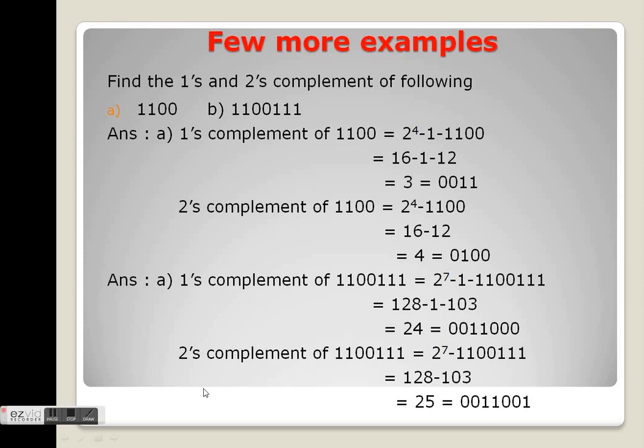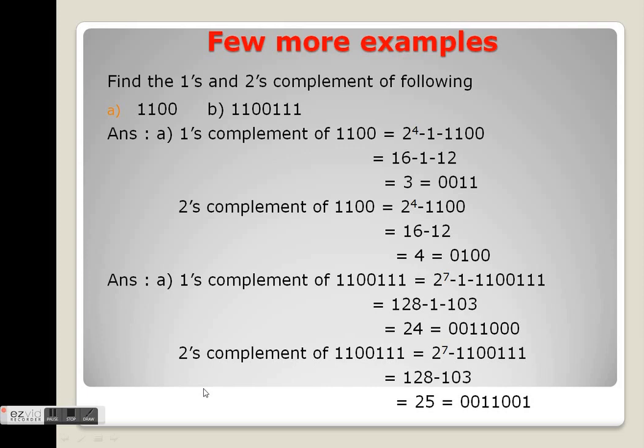Students, when we put these values in the equation of ones complement, we'll get 2 raised to the power 7 minus 1 minus 1100111. In the next step, it will become 128 minus 1 minus 103, and after simplification we'll get 24, and when we convert 24 into binary, we'll get 0011000.